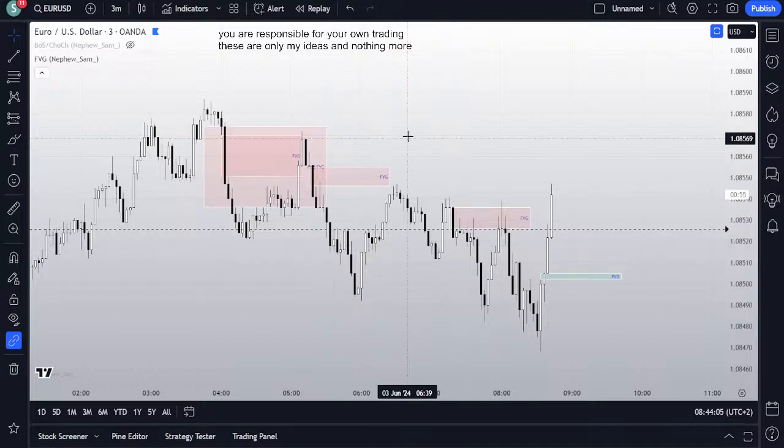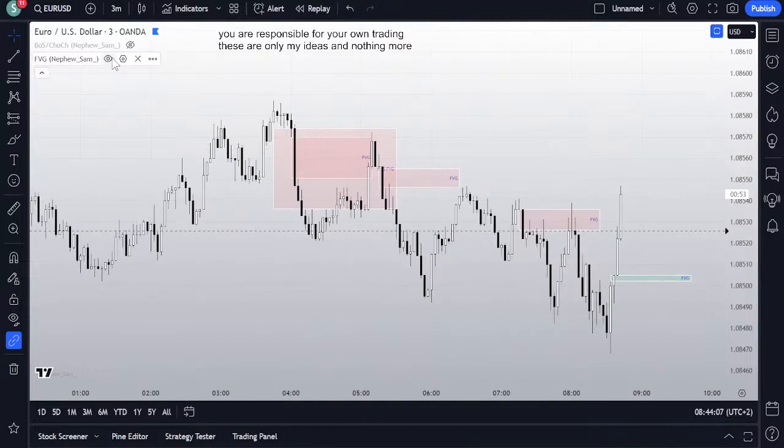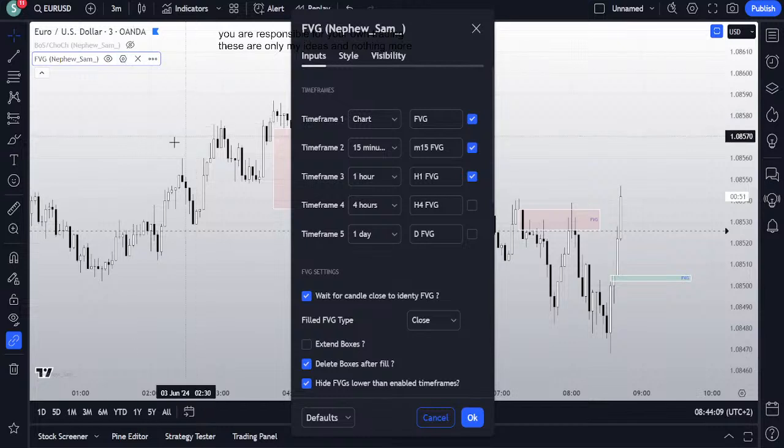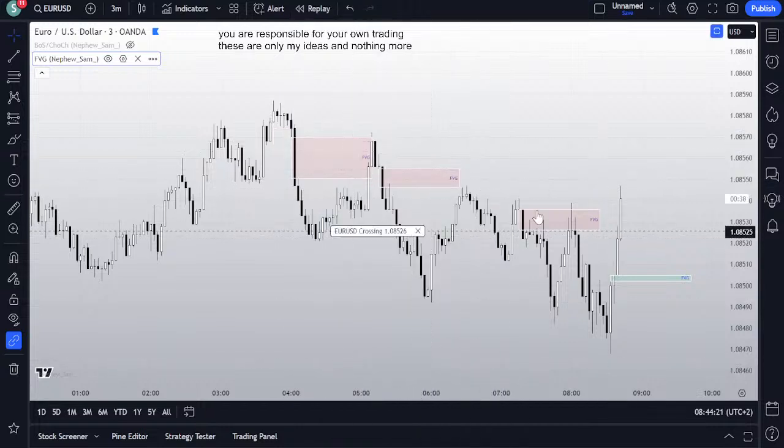Next one is here. The interesting thing about this indicator is that it can actually display 1 hour, 15. I can remove these and we only see the current ones, which are these. When this candle closes here, at 30 seconds, if I understand it correctly, this box will not be displayed anymore, which is interesting.